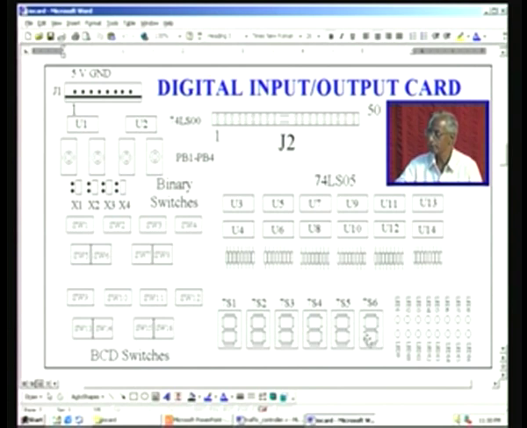In addition to this, we also have discrete LEDs, 16 of them. For example, this row you can see marked as LED 1, LED 2 and so on right up to LED 8, and here starts LED 9 through LED 16. The first row, LED 1 to LED 8, is connected in parallel to the last but one 7 segment, that is 7S5.